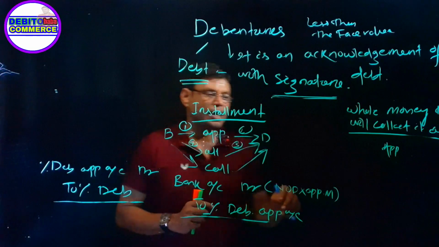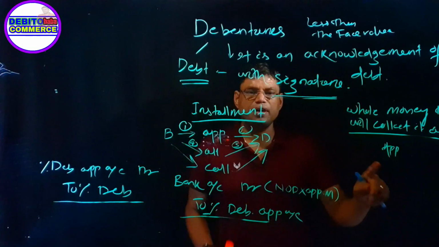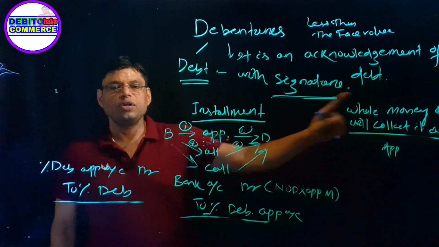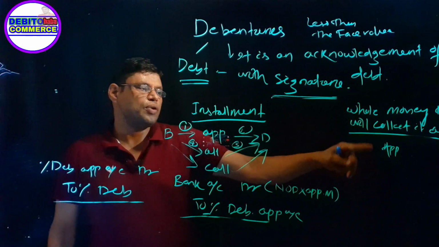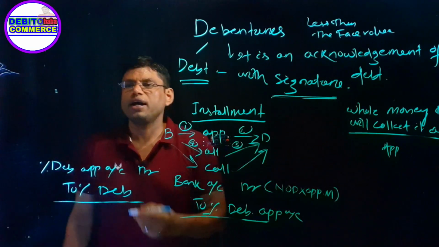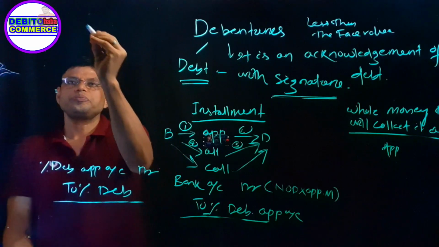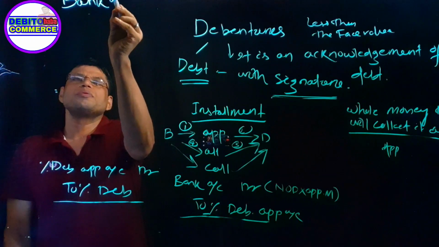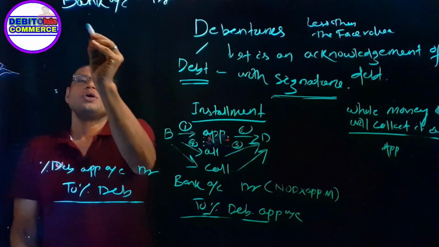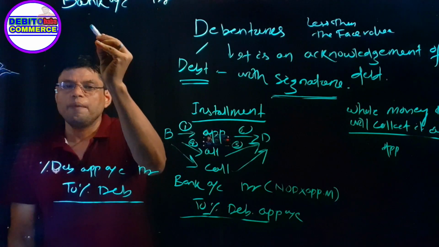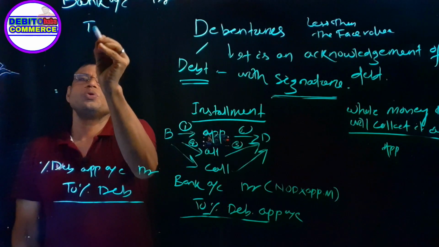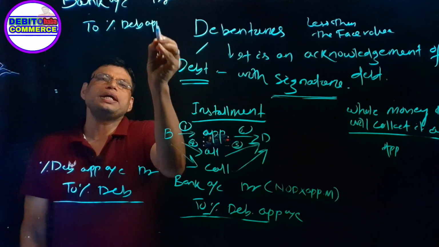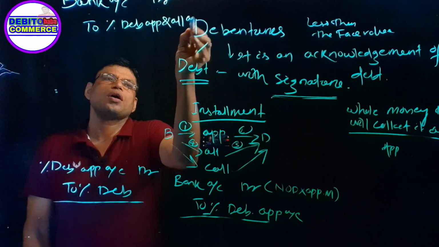Now come here, if they are collecting money at one go, that means all the money in the application stage, then you have to write the journal entry like this. Our journal entry will be bank account debited to dash percent debentures application and allotment account.